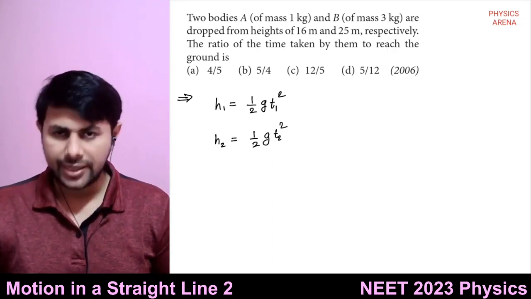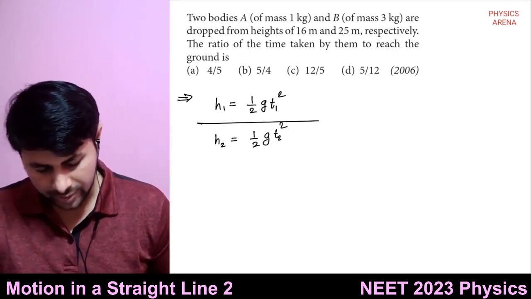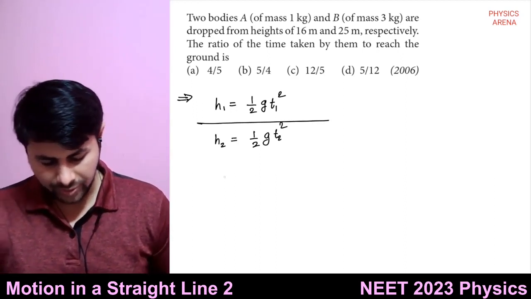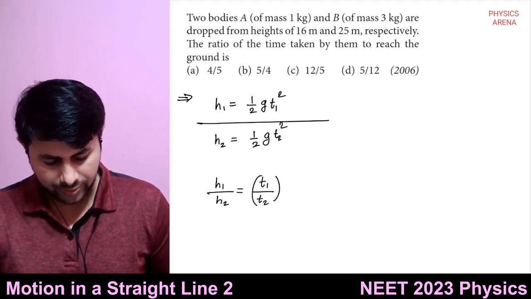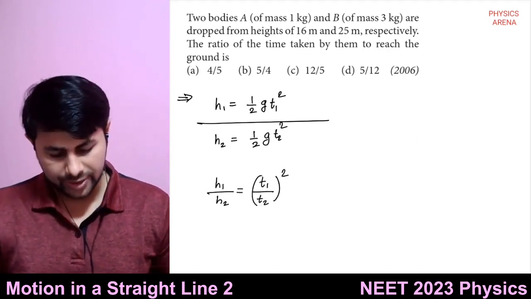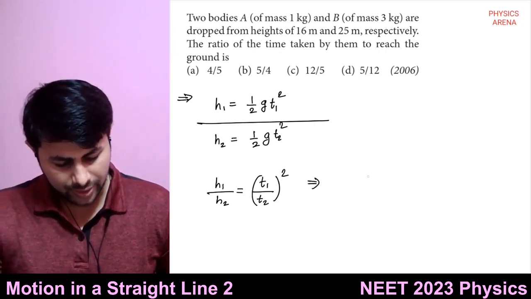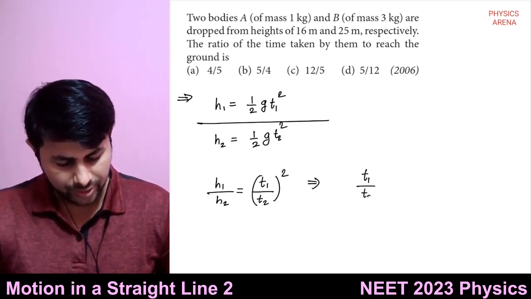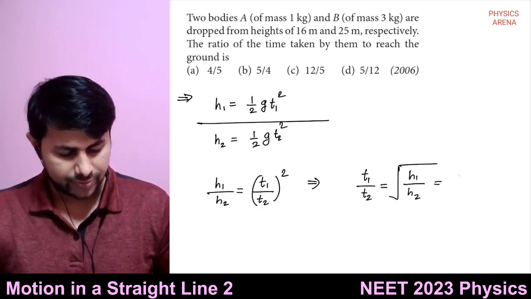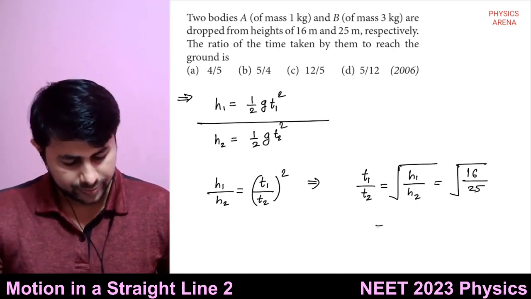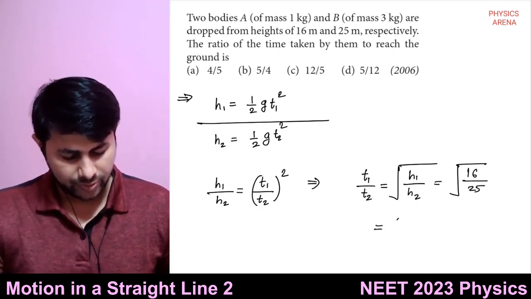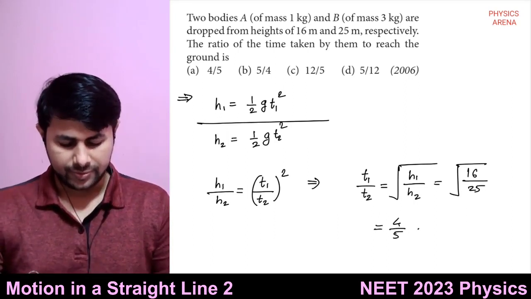So you can take the ratio of these two. h1 upon h2 will give me t1 by t2 square, and then I will take square root on both sides. So t1 divided by t2 is square root of h1 upon h2, which is 16 divided by 25. So it is 4 by 5. 4 by 5 is the answer.